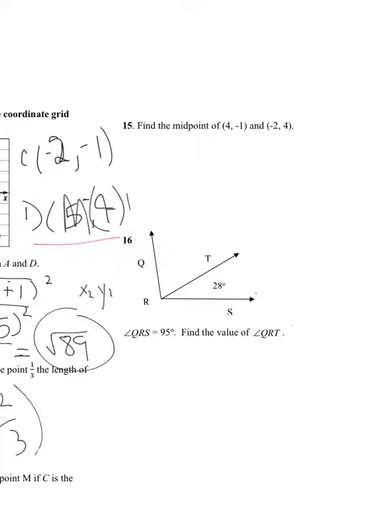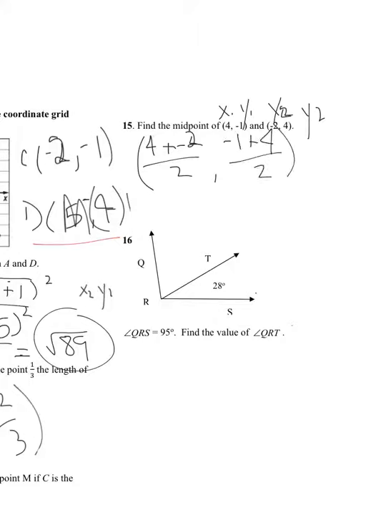All right, let's finish this off. Find the midpoint of 4, -1, and -2, 4. So again, that's x1, that's y1, that's x2, and y2. So big parentheses. This time there's no solving an equation, it's just do the actual formula. x1 plus x2 divided by 2, y1 plus y2 divided by 2.